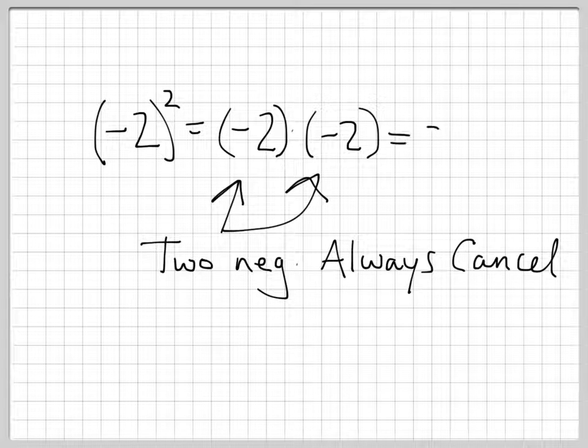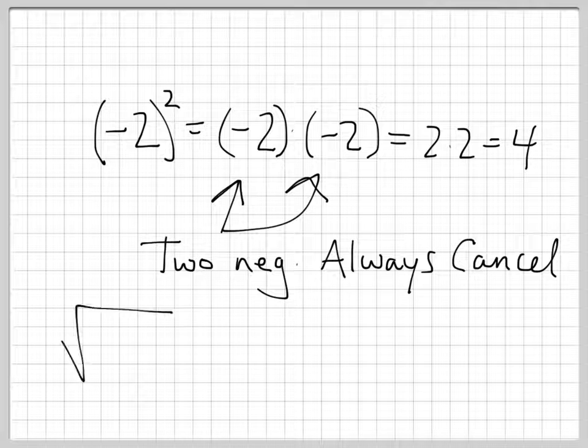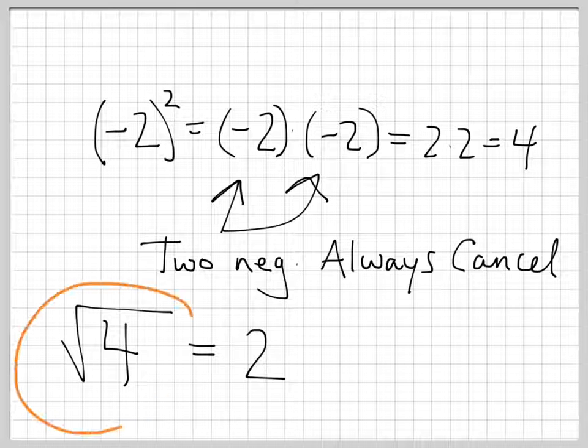Right? And so you're left with 2 times 2, which is 4. And so if you look at the square root of 4, you might think to yourself, well, the answer is anything that when you square it you get 4. But remember, it has to be just positive 2 because the square root symbol always wants only the positive square root, not the negative square root.